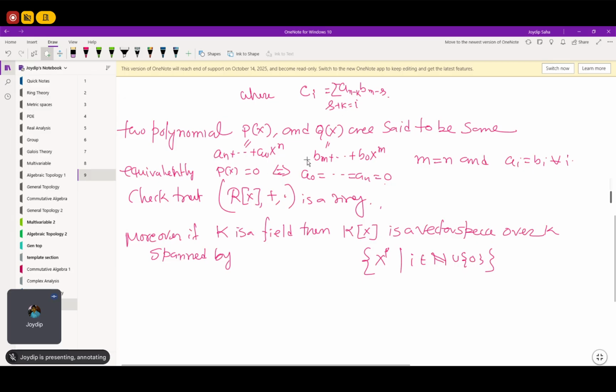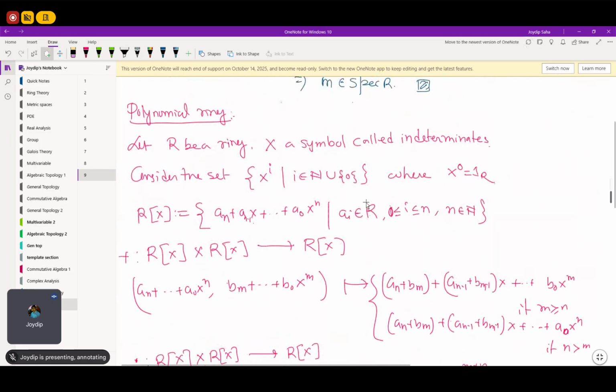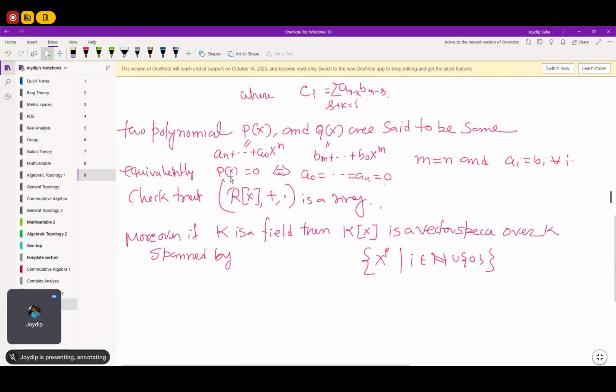This guarantees every element of Kx is of the form of a span of the x^i, and this definition, Px equals 0 if and only if all coefficients are 0, gives you that it is a linearly independent set.